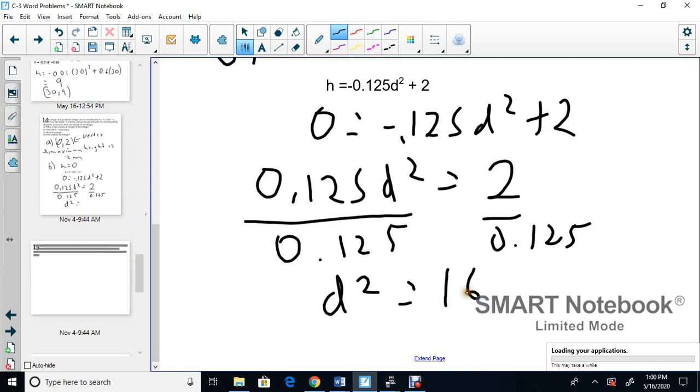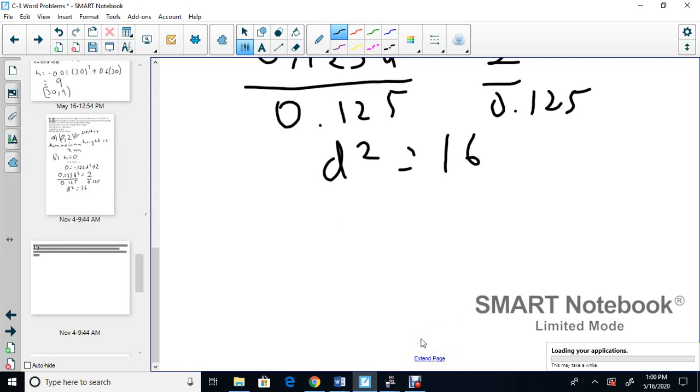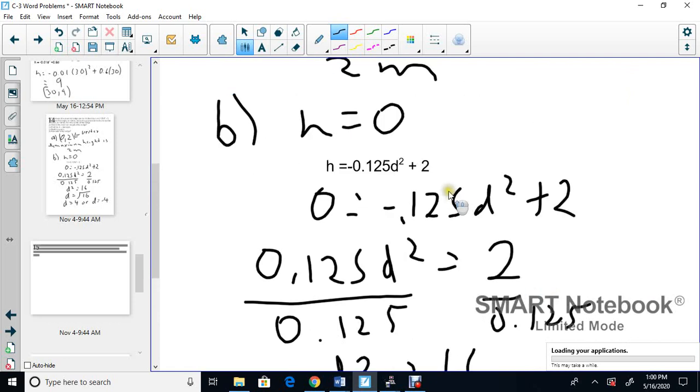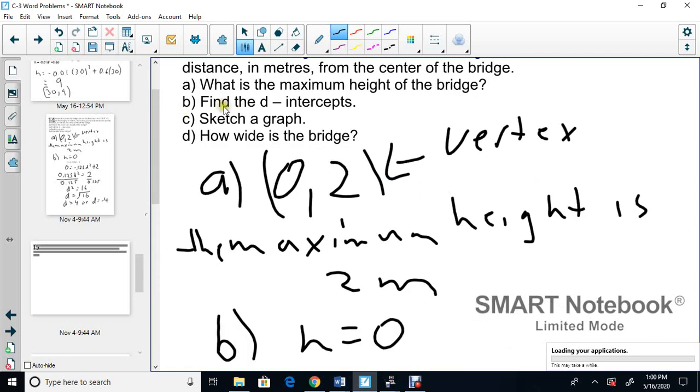So then you're thinking 4 times 4 is 16. d squared is 16. So you can take the square root of that and you get d. You can use your square root function and you get d equals 4, or you can also get d equals negative 4. You get 2 different answers for that one question, and those are our d-intercepts or x-intercepts, as they were called before. So that's B.